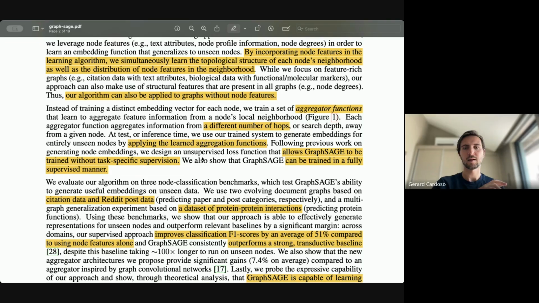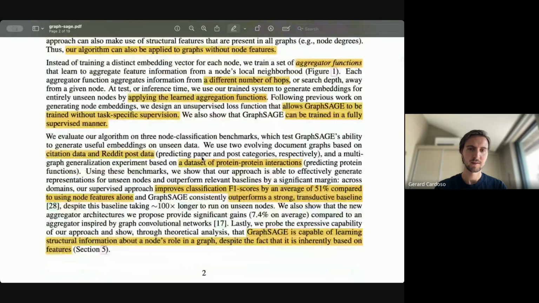But if you have a specific task that you're looking to use the embeddings for, you can also train GraphSAGE in a supervised manner, and it does lead to some improvements in the final task. Although the improvements weren't as drastic as I thought they would be. I thought training on the final task would lead to a significant uplift, but it's actually not so much.